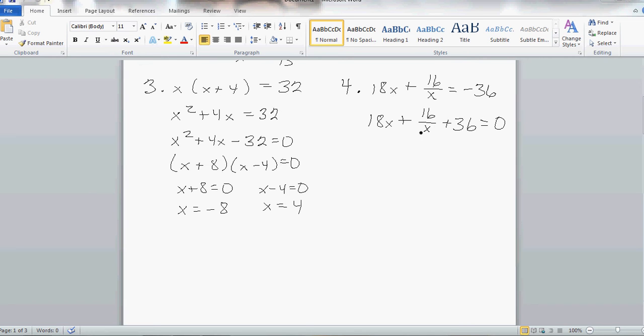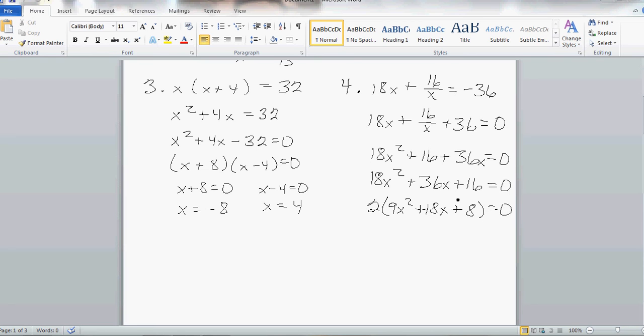Well, common denominator is x, so multiply everything through by x. 18x squared plus 16 plus 36x equals 0. And writing this into a much more user-friendly version, 18x squared plus 36x plus 16 equals 0. Now, first thing I see is I can factor out a 2, which leaves 9x squared plus 18x plus 8.